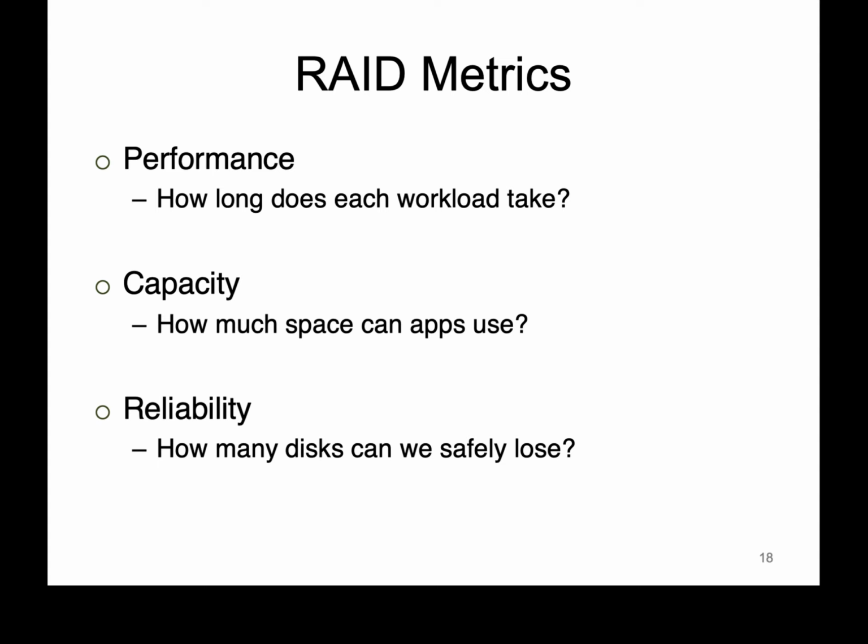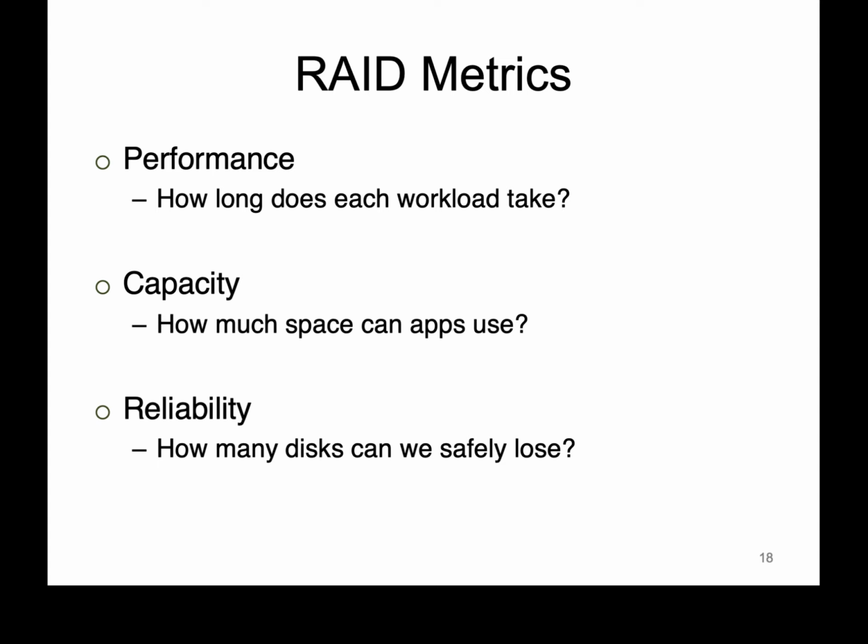These two are basically the performance enabled by the RAID technology. The second metric is capacity, like how much space each application can use for a specific RAID configuration. And the third is reliability, like how many disks the application can safely lose.